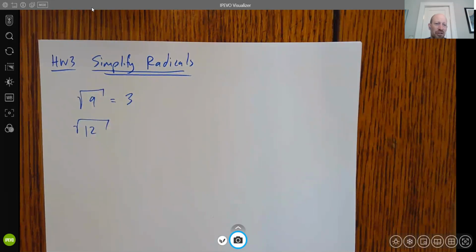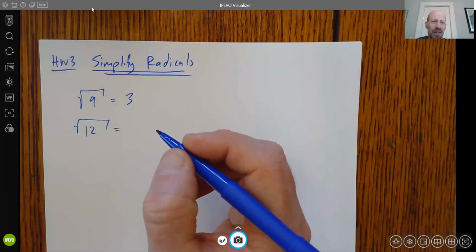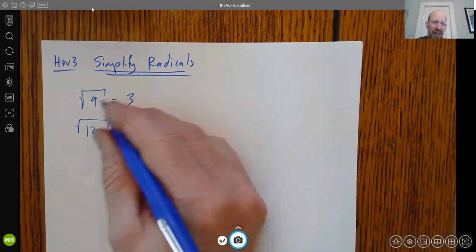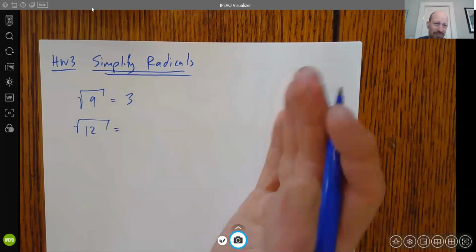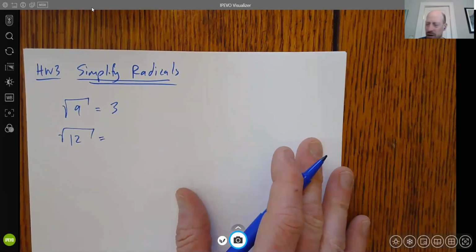It's called an irrational number. So it's a complicated, in our world, we feel like it's a complicated thing. And so this is something we can't do the same way I did the square root of 9. But there is a way to simplify it to make it better.